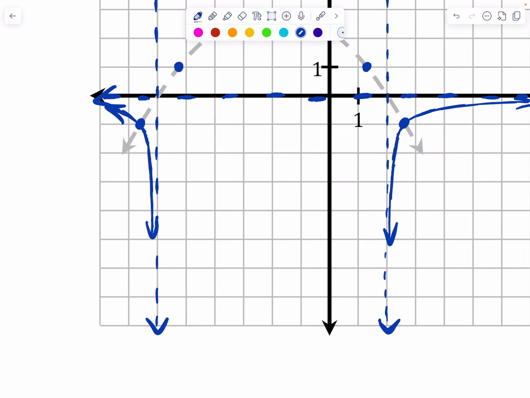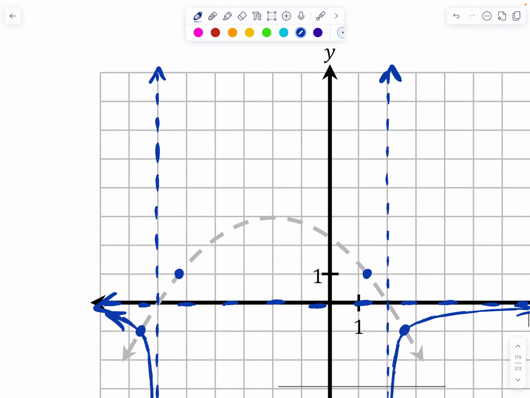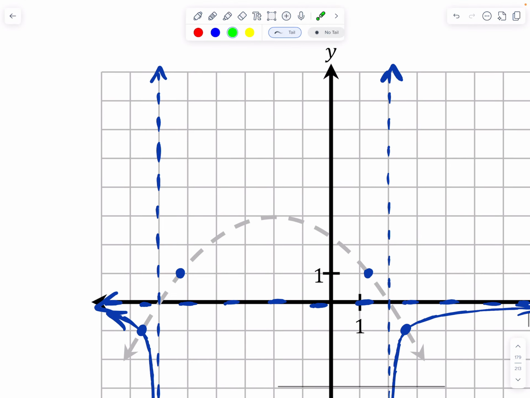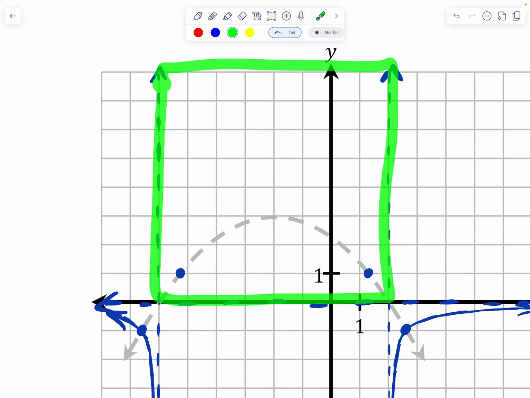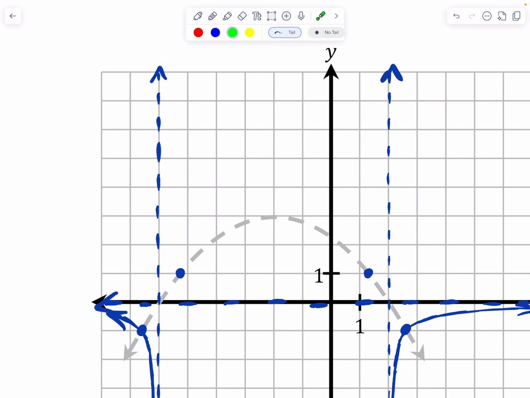And finally, there's this middle chunk. Now, this whole thing was positive in there, so I need to stay within this box for whatever the reciprocal looks like. I do also need to get really close to this asymptote on the left and this asymptote on the right, so I can draw those components in there.